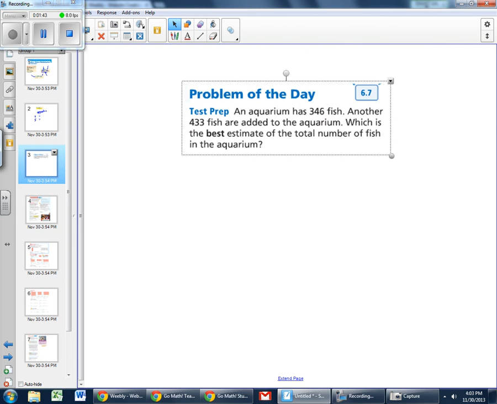Okay, problem of the day today. An aquarium has 346 fish. Another 433 fish are added to the aquarium. What is the best estimate of the total number of fish in the aquarium? So again, it wants the total.